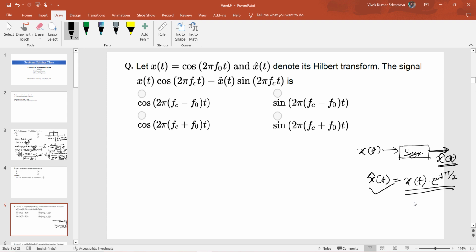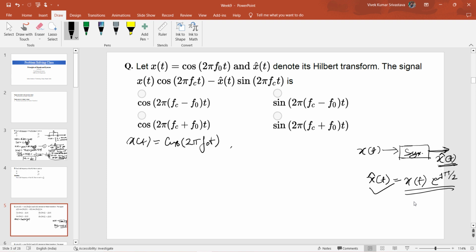So in this problem x(t) is given as x of t equal to cos of 2 pi f naught t. Okay, so as we know, the Hilbert transform is defined as the transformation of any signal where all the components of the signal are shifted by 90 degrees.